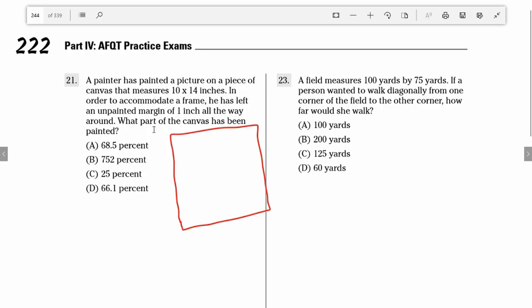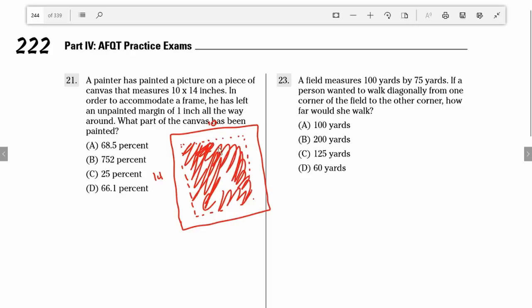We know the canvas is 14 by 10. And we're told that the painter has left a 1 inch border to frame his painting. So this is just the area that's going to get painted.